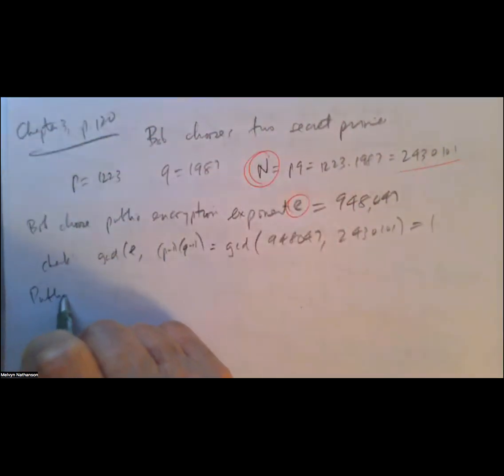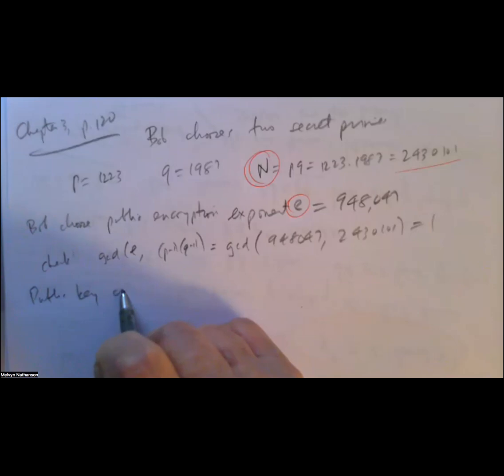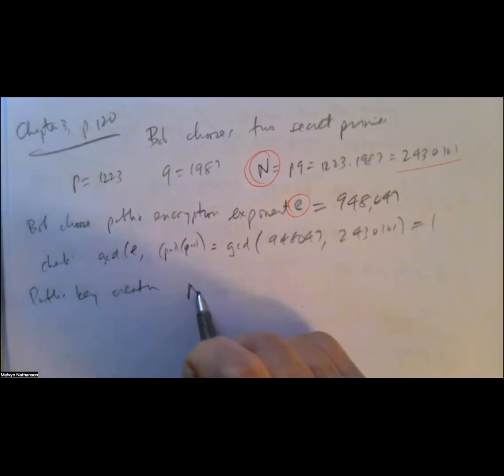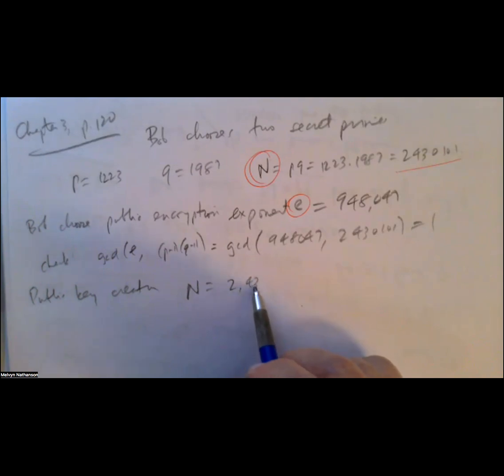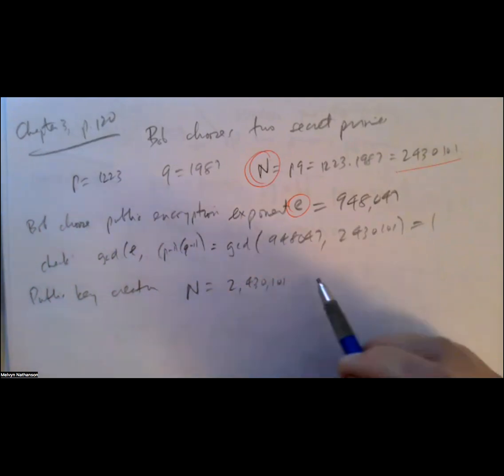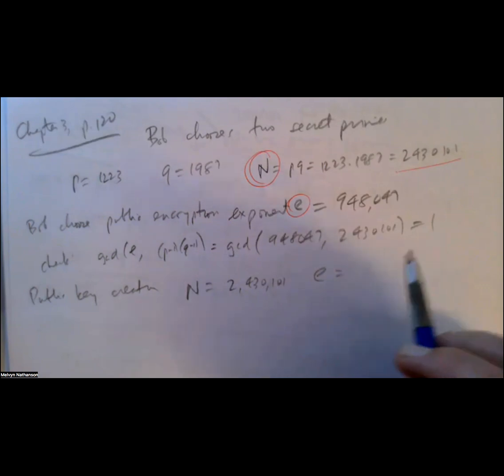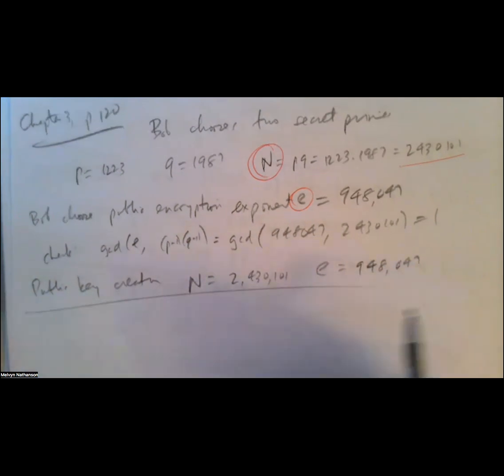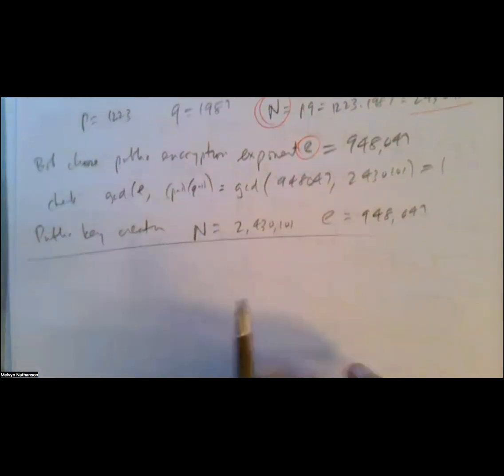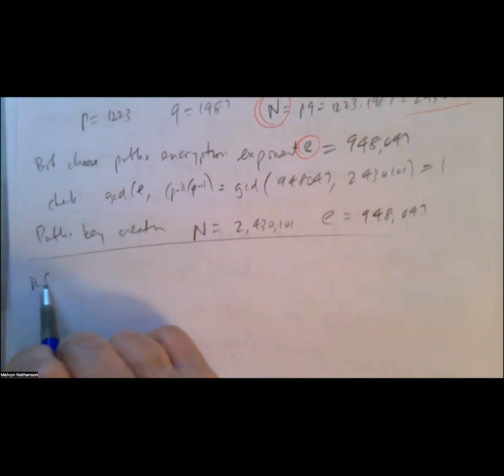So this is the public key creation. This is what the world knows. N is 2,430,101, and E is 948,047. So then, how do you encrypt? This is an example of RSA encryption.